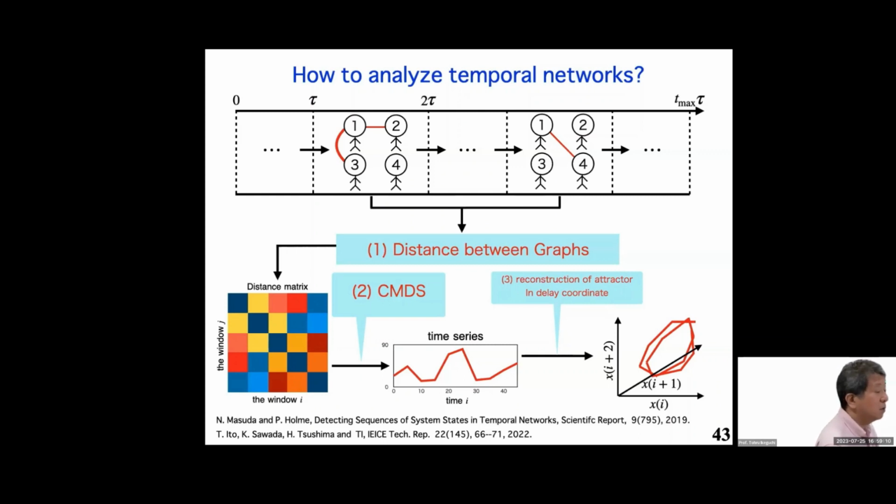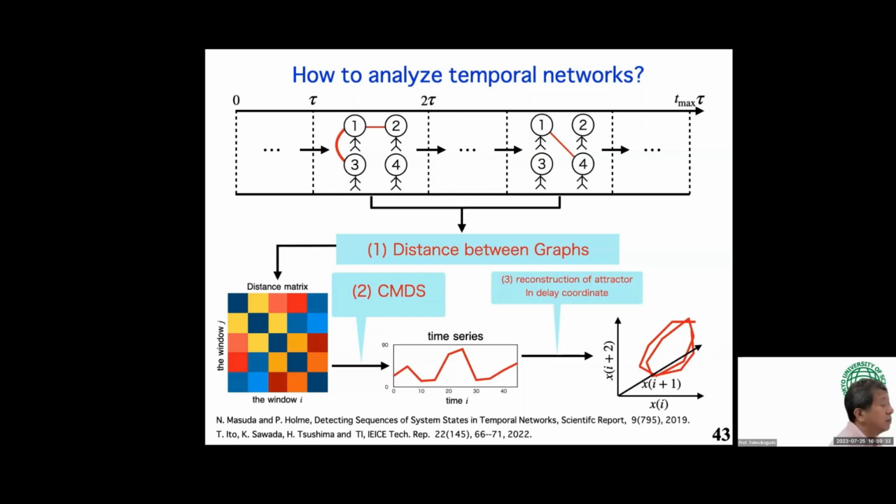Finally, the third part: from this obtained time series signal, we reconstruct the so-called attractor by transforming the time series signal into a time-delayed coordinate system to determine how dynamically the network changes.